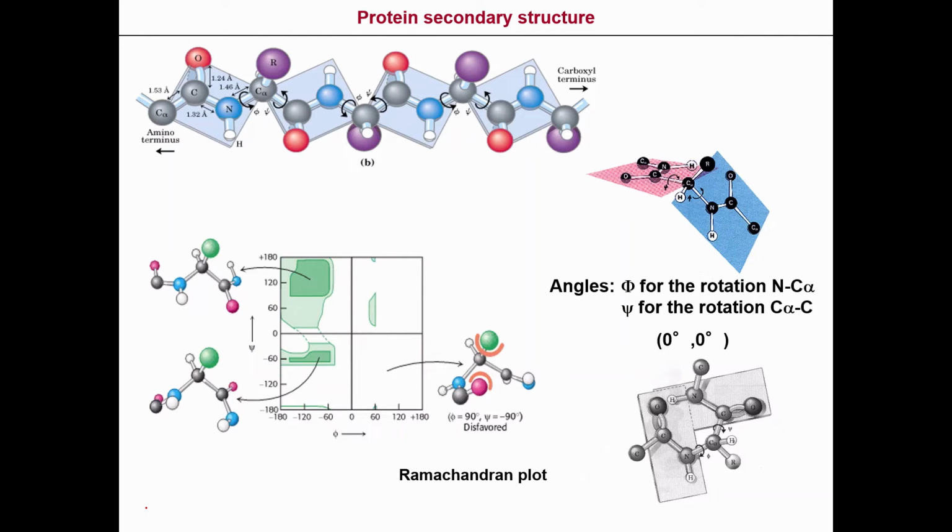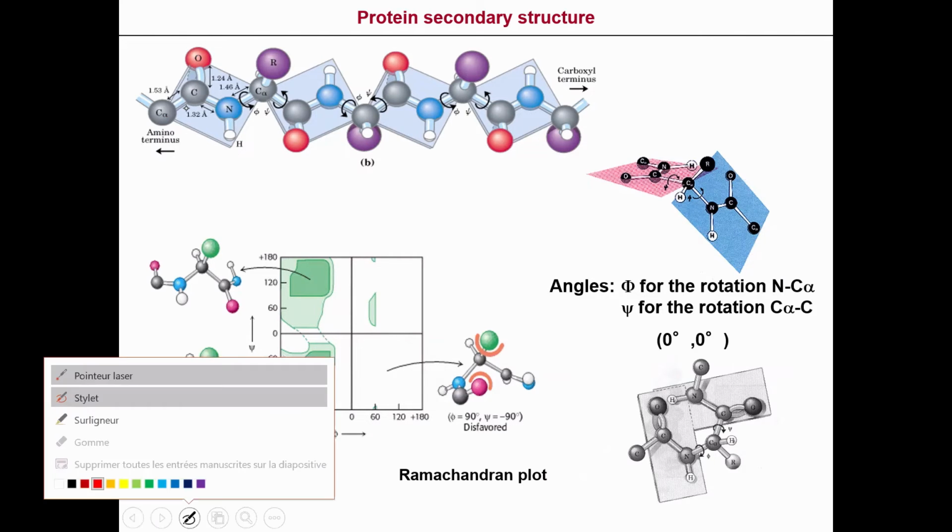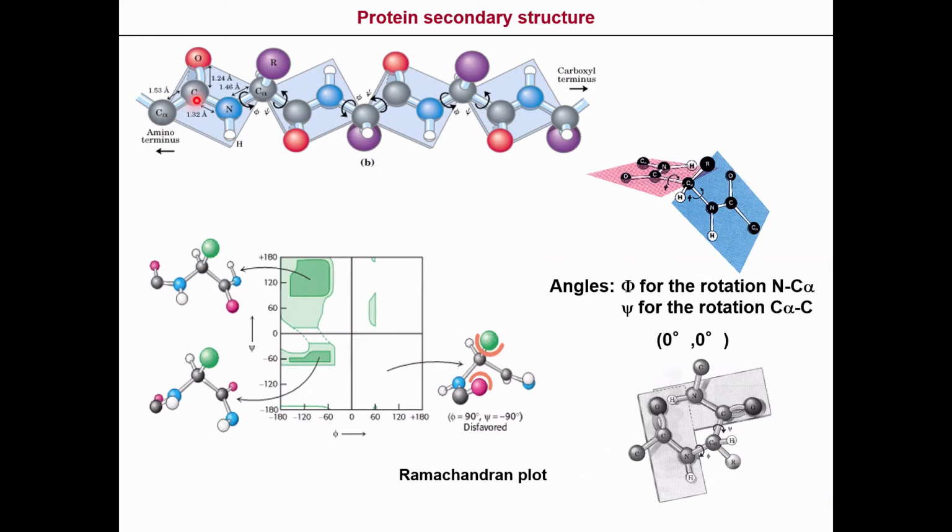So if we remember the structure of the peptide bond, this is here, the peptide bond. You have the C alpha, the double bond between the C and the O, and the nitrogen and the other C alpha.